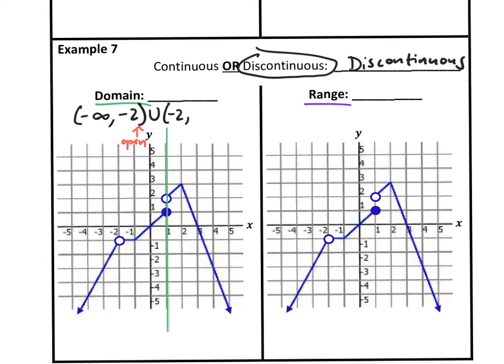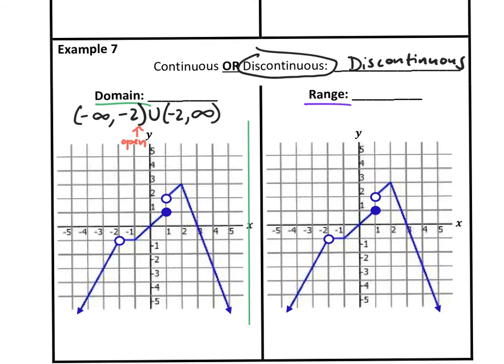All right, so let's keep moving. Keep moving, and I'm still hitting the graph, hitting the graph, hitting the graph, hitting the graph. And the arrow means I'm going towards positive x values, positive infinity. So positive infinity. All right, and the range.